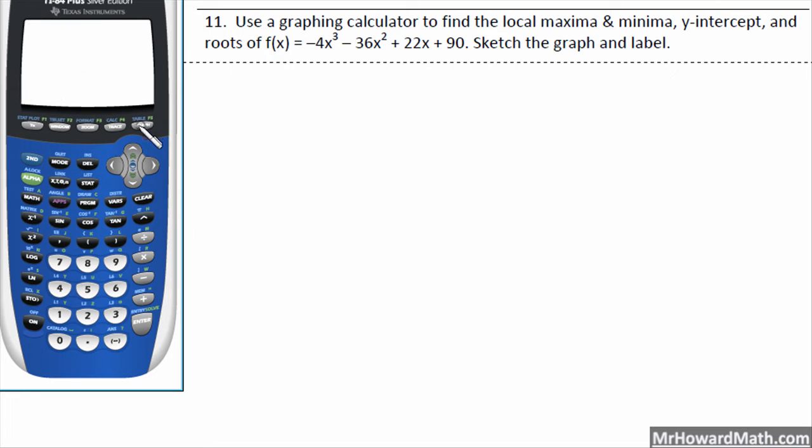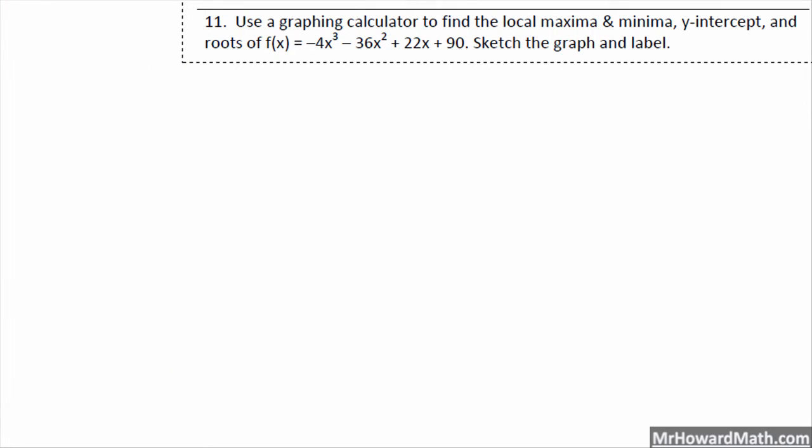I'm going to go back in my table now, and it looked like I had a maximum somewhere around 0 or so by looking at the graph. Around 0 I have a y value of 90, so I want my y max to be above 90 so that I can see it. I'll make it 100. We'll graph it now and see how it looks. That looks good. We can see the min, we can see the max, so that should be everything we need.